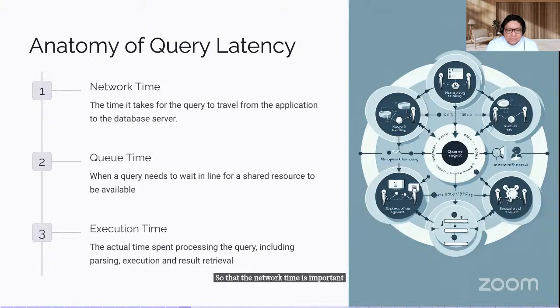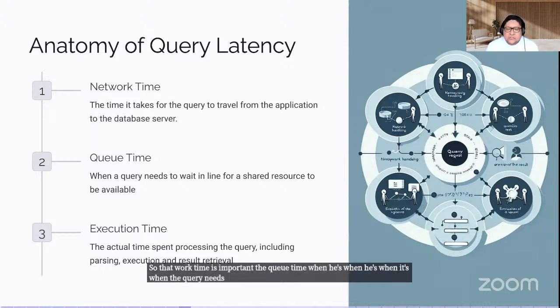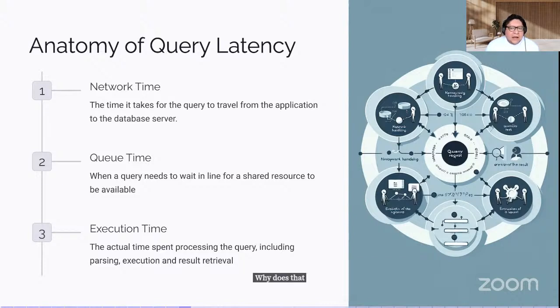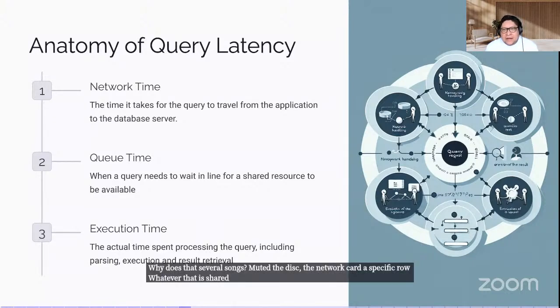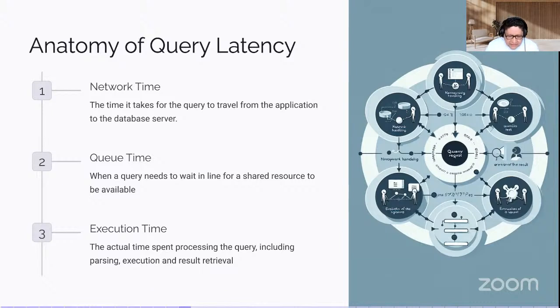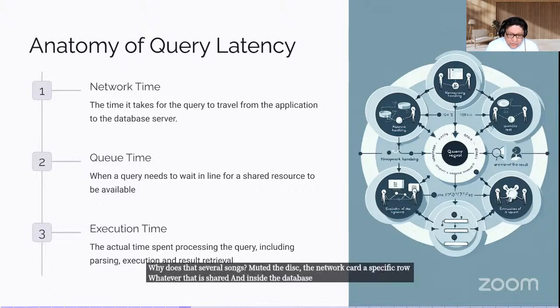The queue time is when the query needs to wait for a shared resource to be available. What is a shared resource? A mutex, the disk, the network card, a specific row, whatever is shared, and inside the database that falls into the multi-version concurrency control realm.